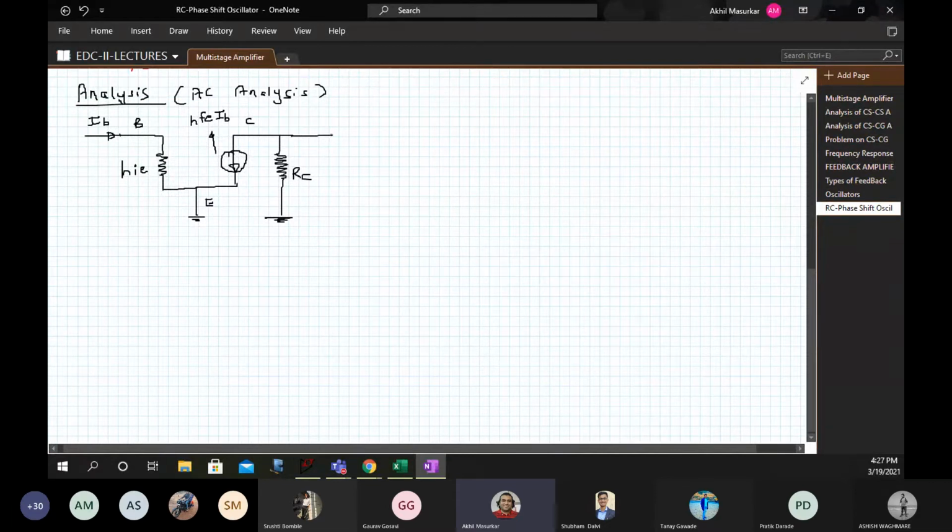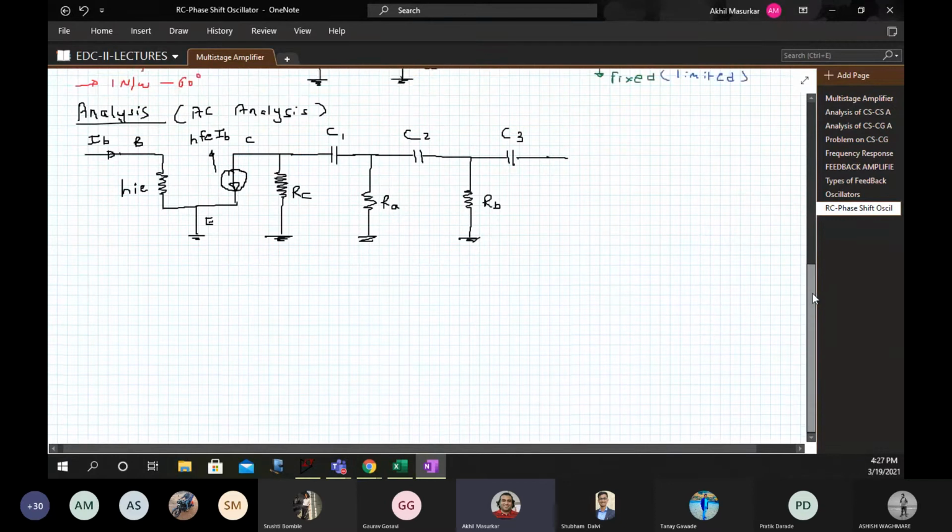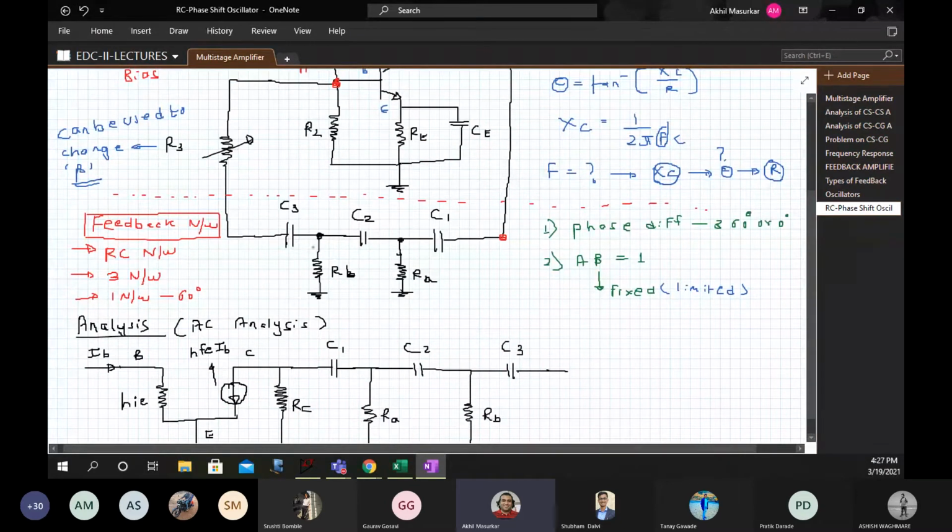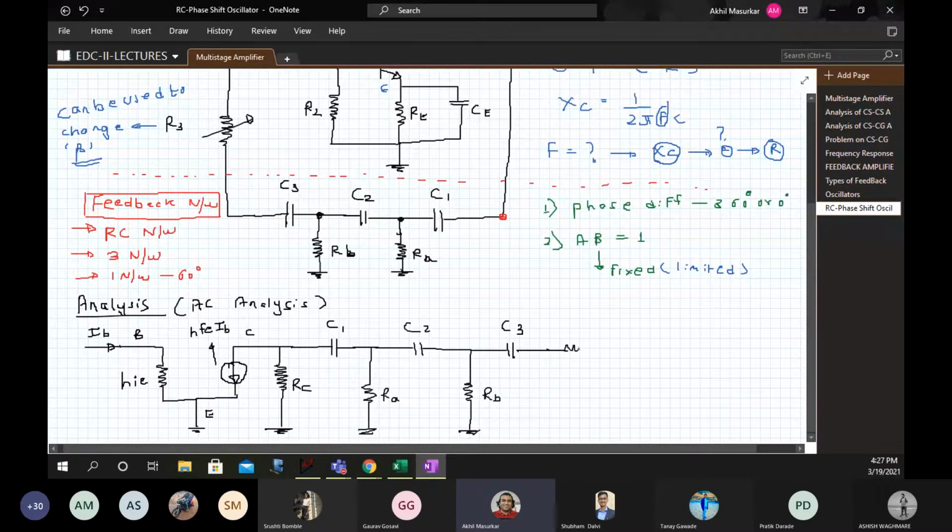After RC we have C1, then we have RA, then C2, then RB, then C3. After C3, in series with C3 we have R3, so I'll write here R3.